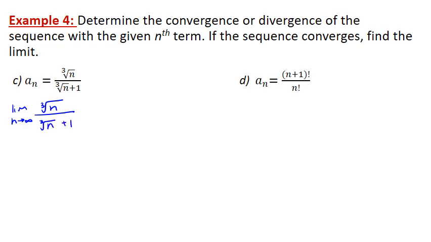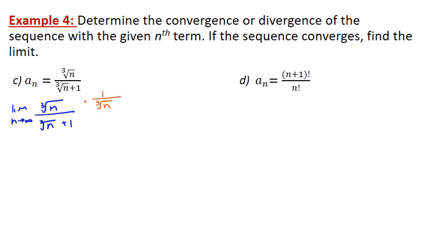Now, in this case, multiplying by the conjugate doesn't get you anywhere because it actually complicates the radical. So instead, what we want to do is try to eliminate this if possible. And the way we're going to do that is multiply the top by 1 over the cube root of n.